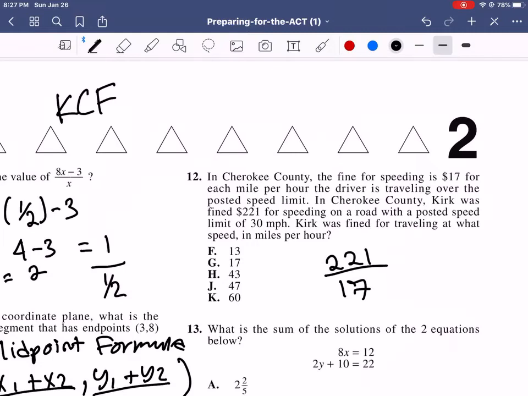That is 13, and then you add 30 because it says for every mile after the 30 mile per hour limit. So he was going 43 miles per hour. Answer is H.